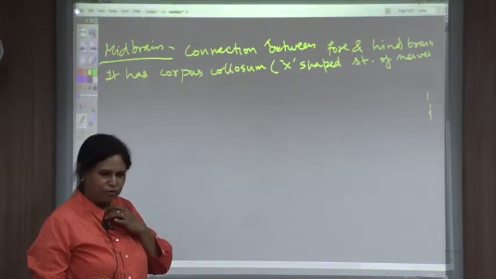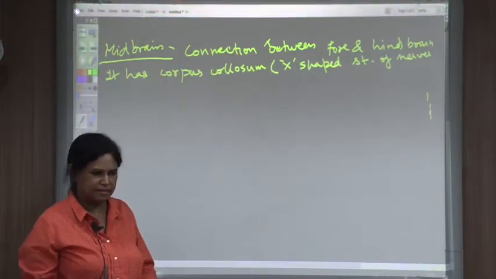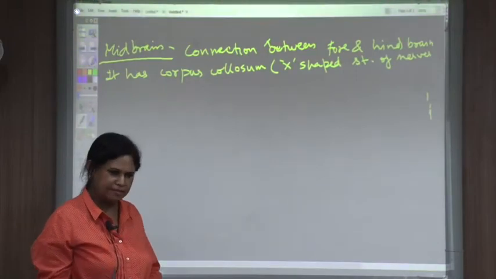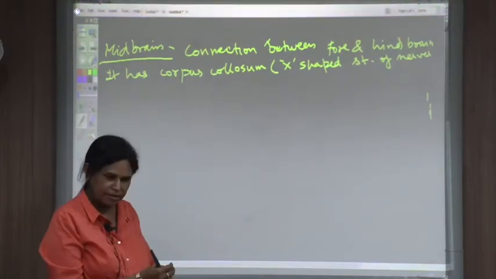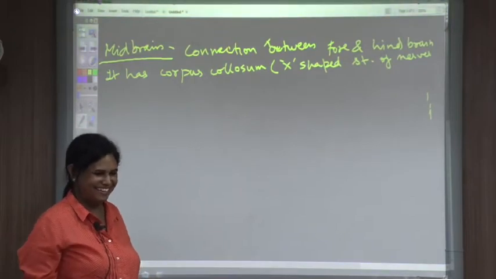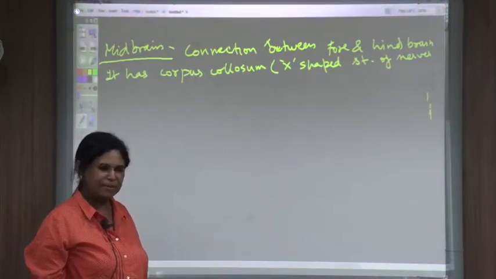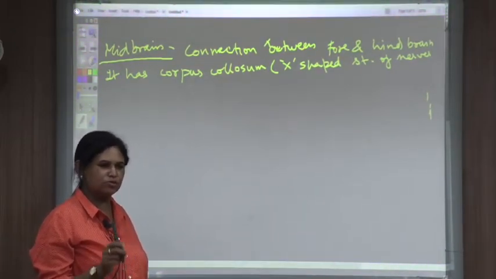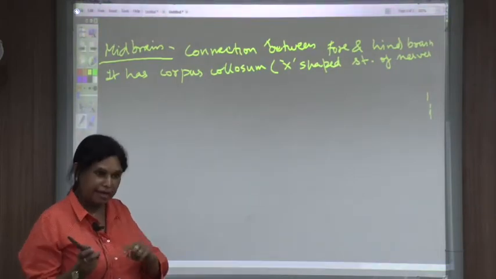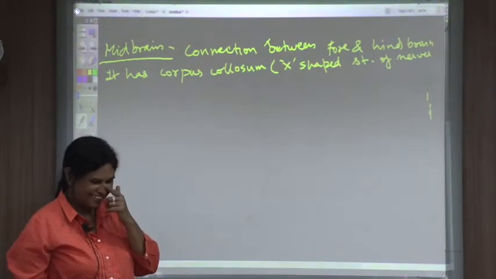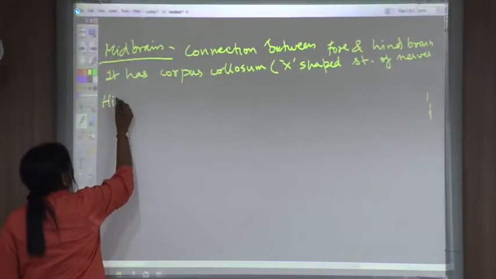From the left portion there will be 12 cranial nerves moving towards the right of your body, and there will be 12 cranial nerves from the right moving to the left part of your body. In fact, your left brain controls your right portion, and your right brain controls the left.